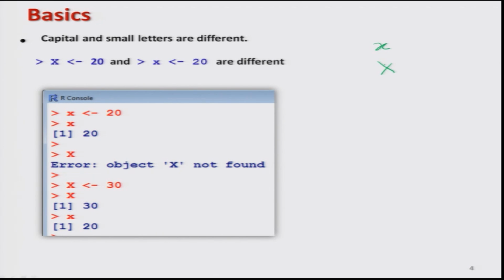For example, if I try to assign the value capital X <- 20 or capital X = 20, and if I try to say small x = 20, these two are not the same, these are different values, right.